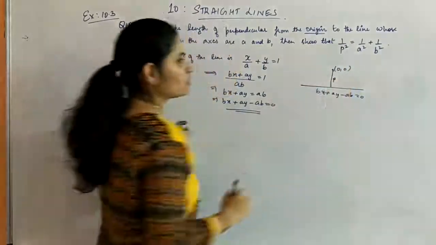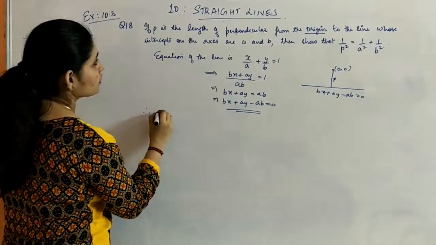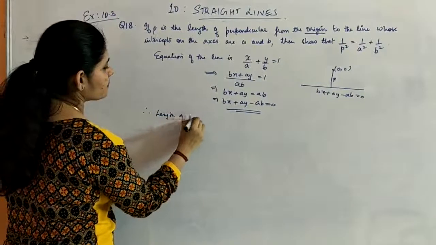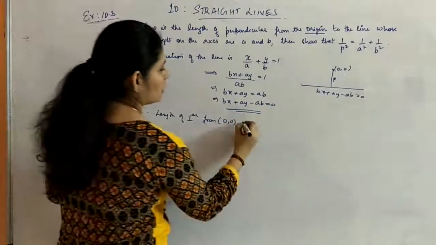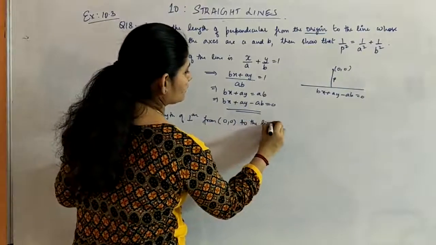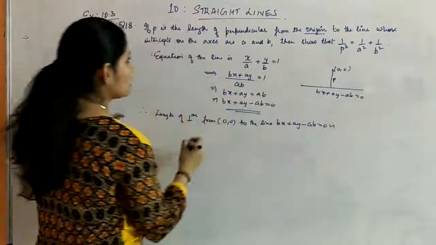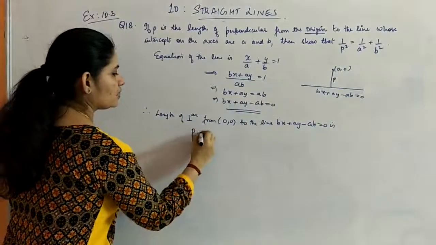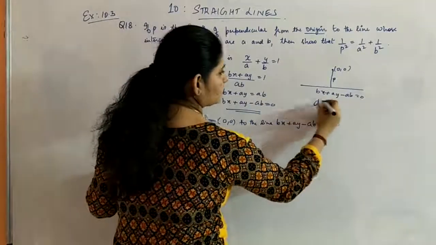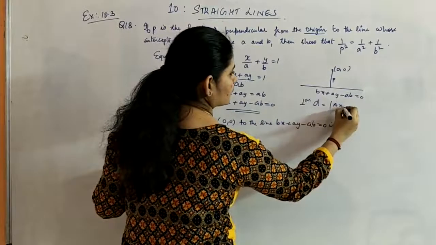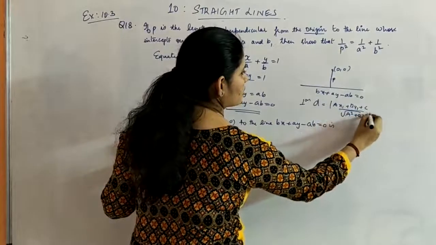Okay, so we are now using the formula for the perpendicular distance. Therefore, the length of the perpendicular from the origin, so it is 0, 0, to the line bx plus ay minus ab equal to 0 is given to be P. So you will write P is equal to, what's the formula? Mod of ax1 plus by1 plus c divided by root of a square plus b square, that we are going to use here.